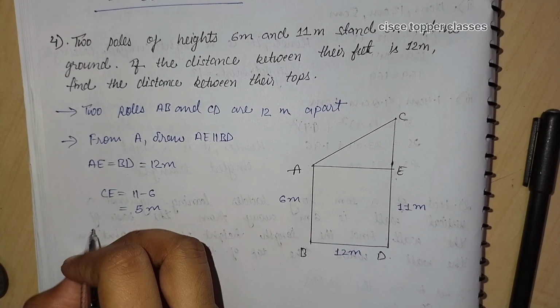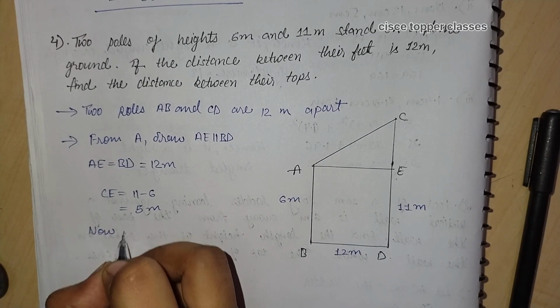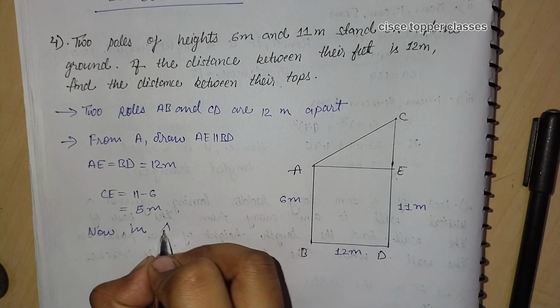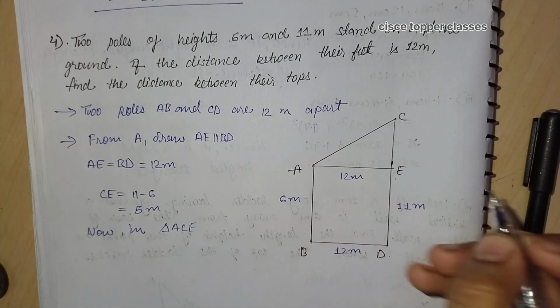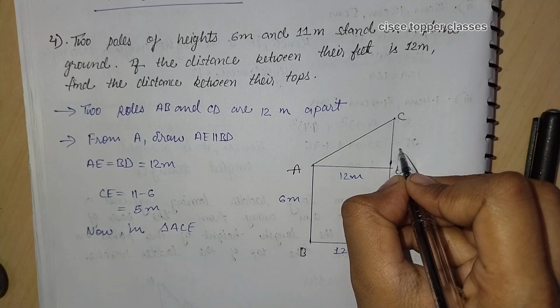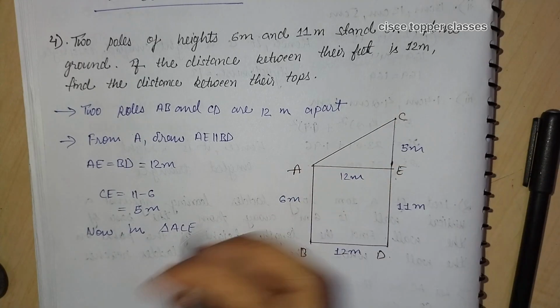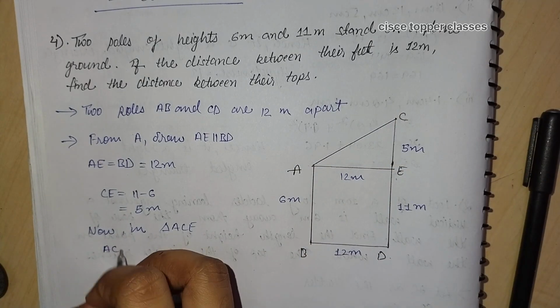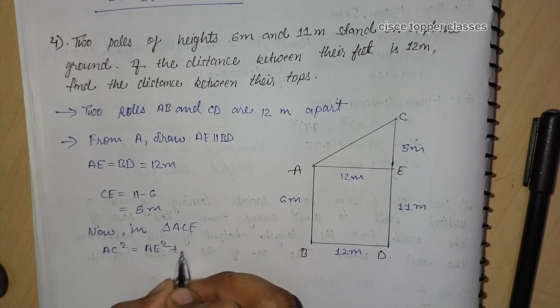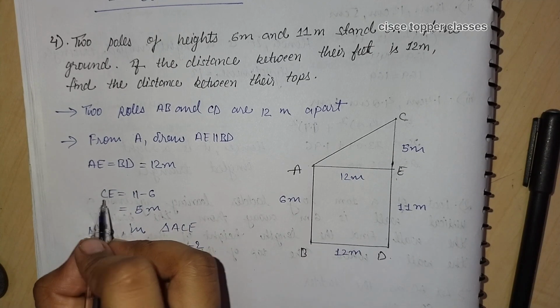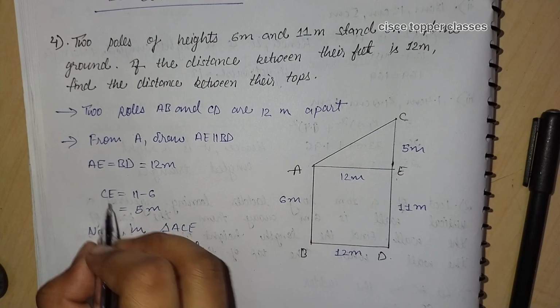And as this is 5 meter, now we can write in triangle ACE, we have this as 12 meter, this as 5 meters. So simply we can find the value of AC from here. AC² is equal to AE² plus CE². We will put the values of AE and CE.